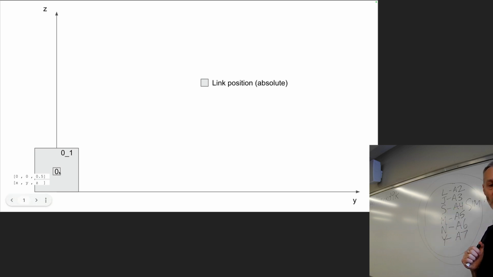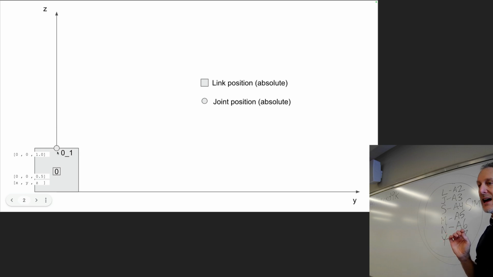So in this cartoon robot here that I'm creating in 2D, I'm just going to rely on Y and Z. I'm placing a link at Y equals 0, X equals 0, and a height of Z equals 0.5. Absolute coordinates should be pretty straightforward at this point. I then add a joint that's going to connect a second link in a moment.